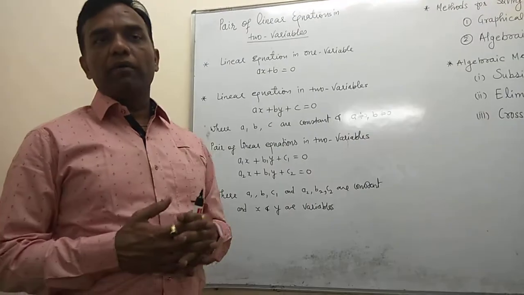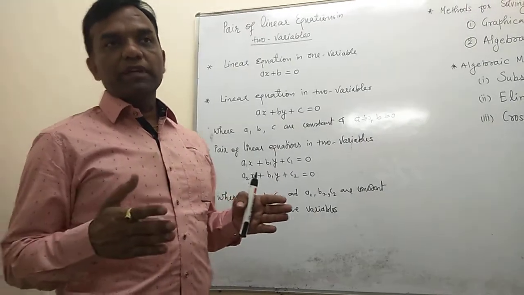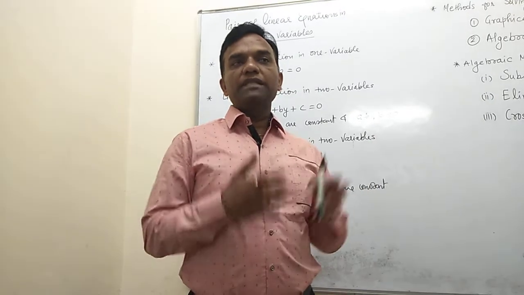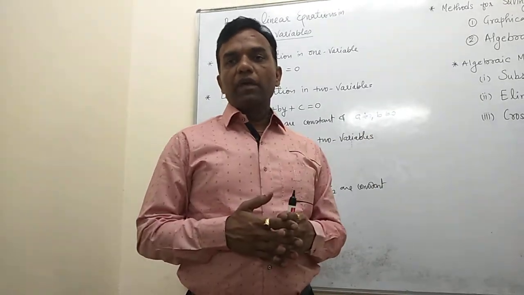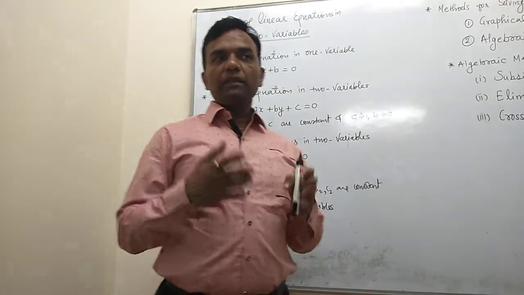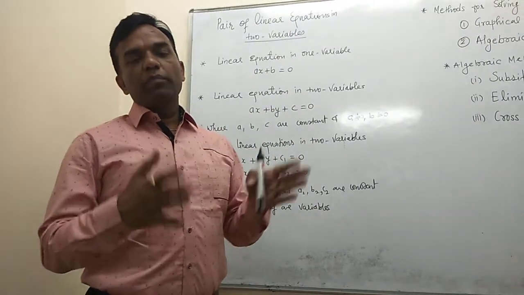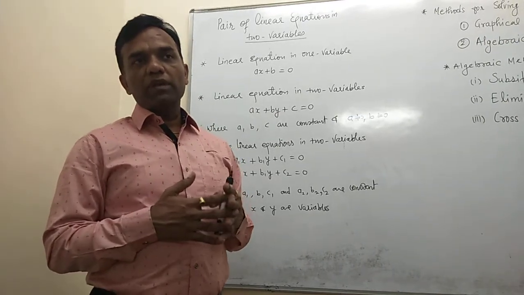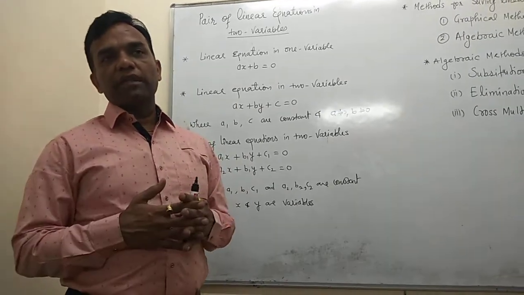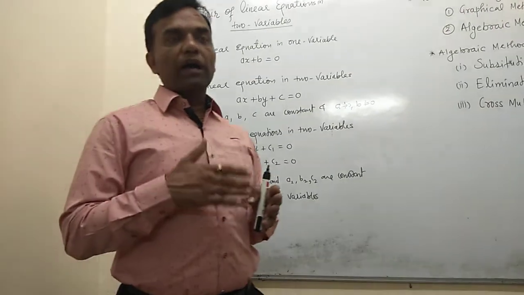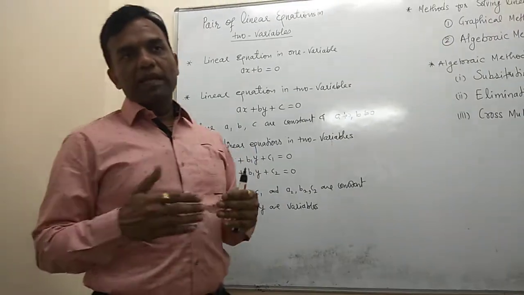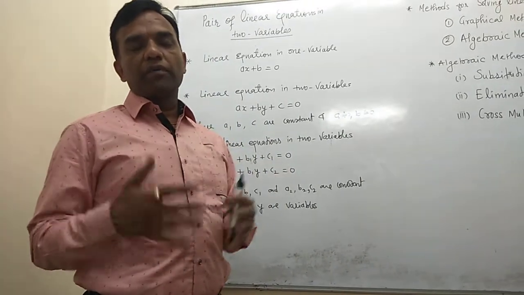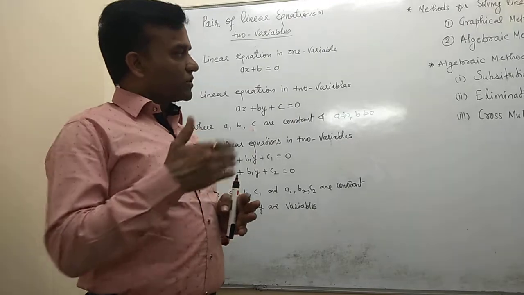But here you have two variable linear equations, so the number of variables and the number of equations must be the same. The number of variables is 2, so the number of equations must also be 2. If you have three variable linear equations, then three equations must be given.